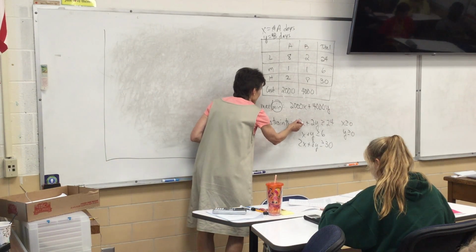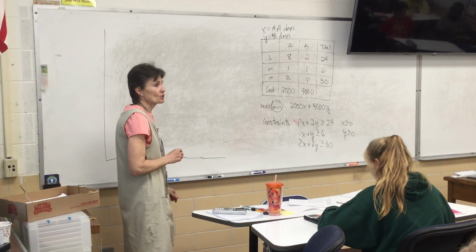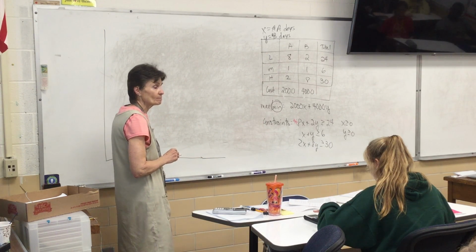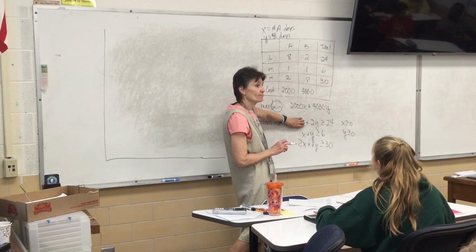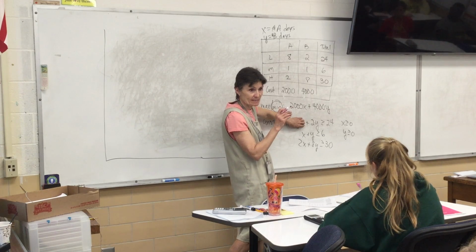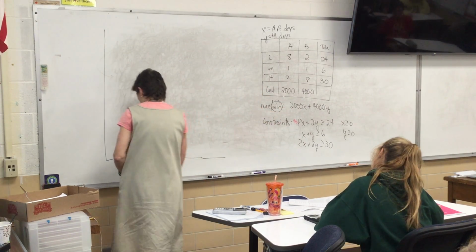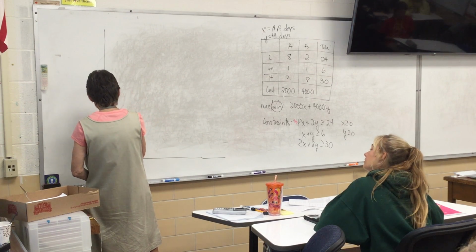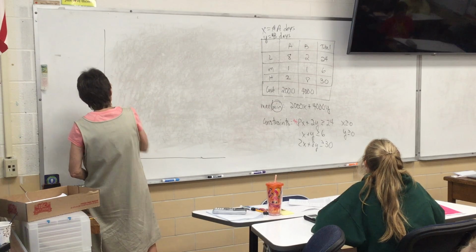All right, I'm going to graph this one in red. And I think this time I'm just going to use a scale of 1. If I cover up X, in other words let X be 0, Y will be 12. So 1, 2, 3, 4, 5, 6, 7, 8, 9, 10, 11, 12.